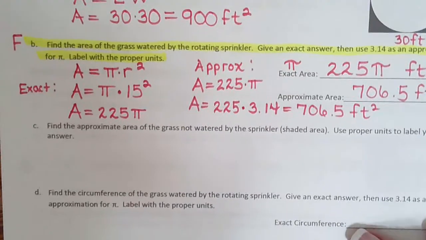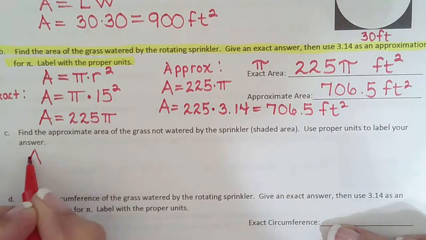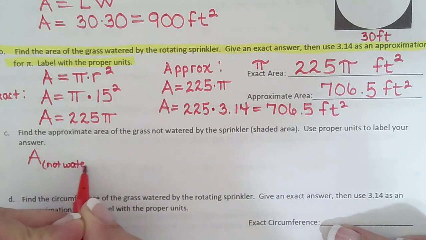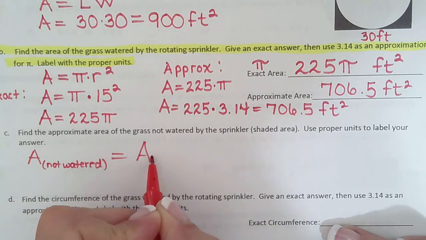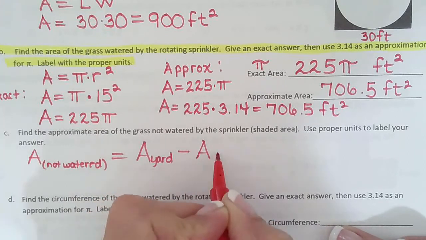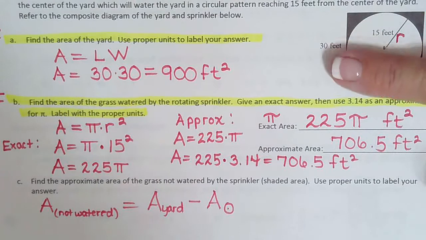So to find C, area not watered, it would be the area of the whole yard minus the area of the circle. So take the whole yard, which is all of this.